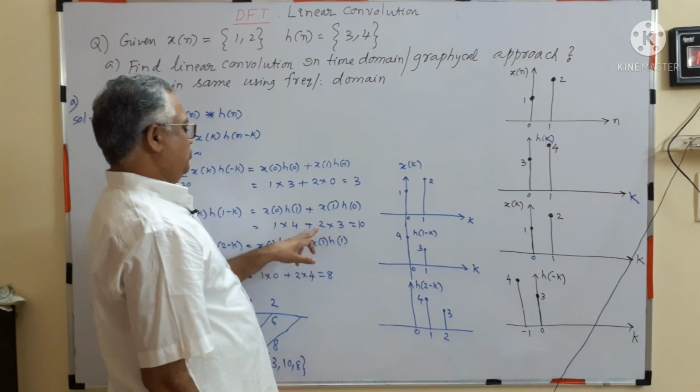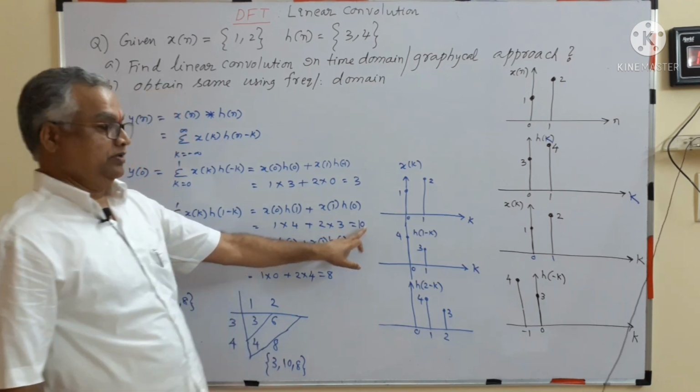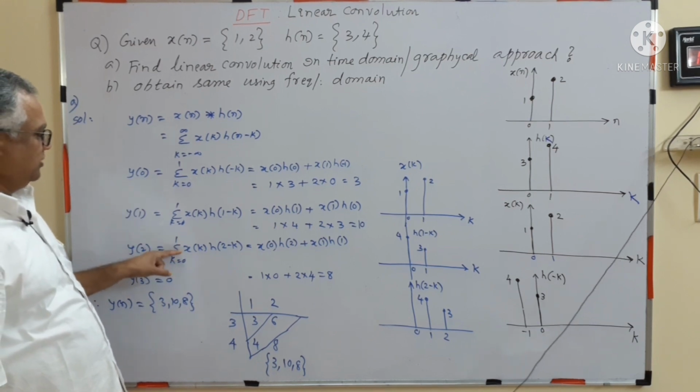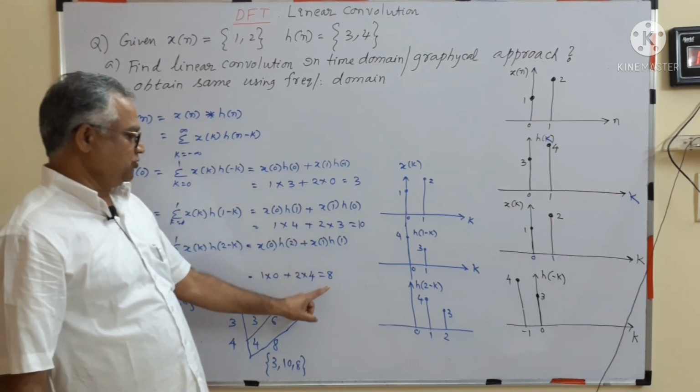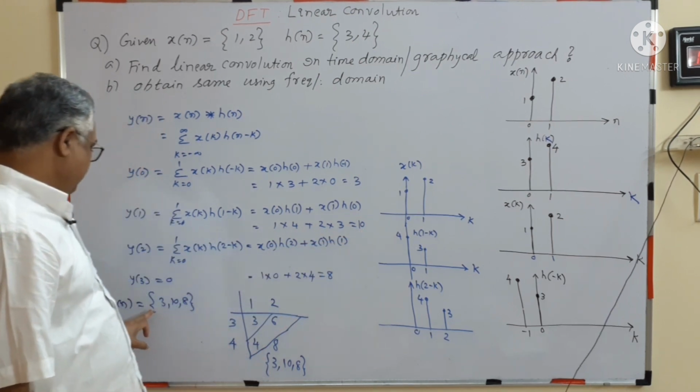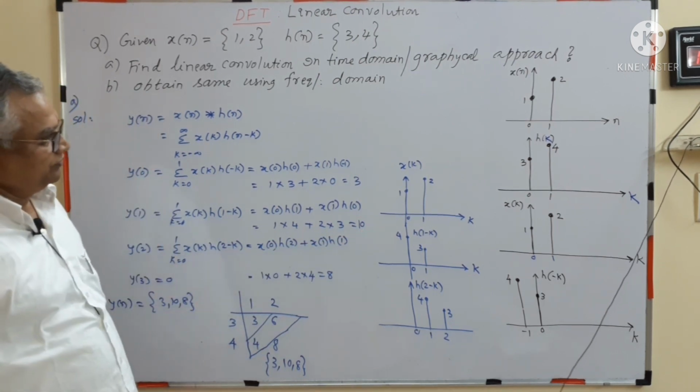So 4 plus 6 is 10. Like that, y of 2: expand and substitute, and you will get 8. So the answer is 3, 10, 8.